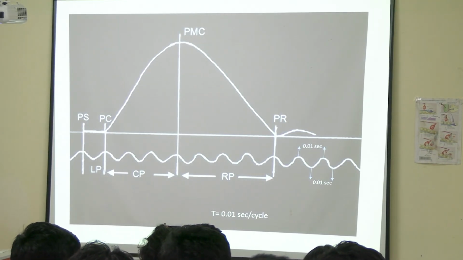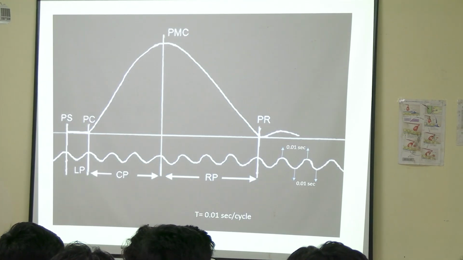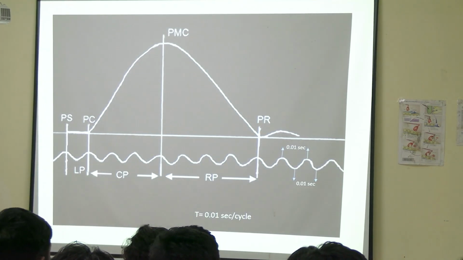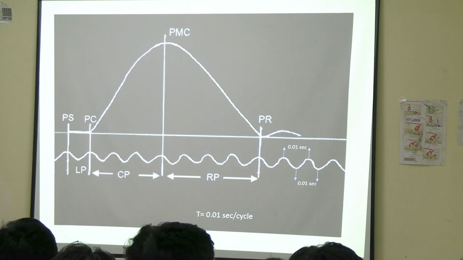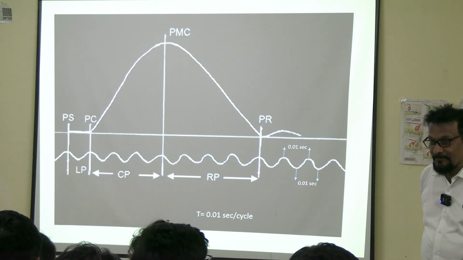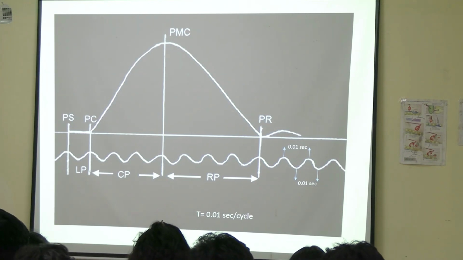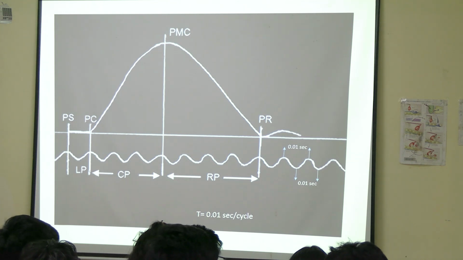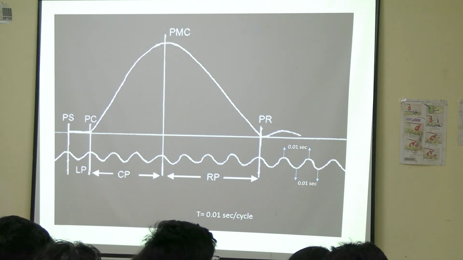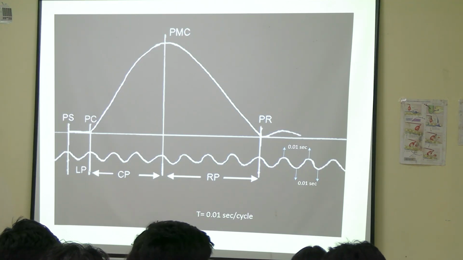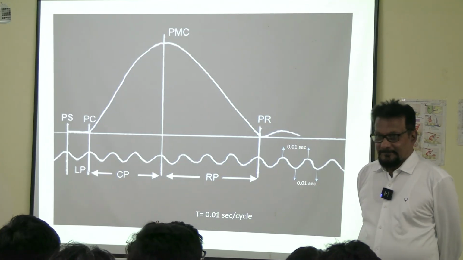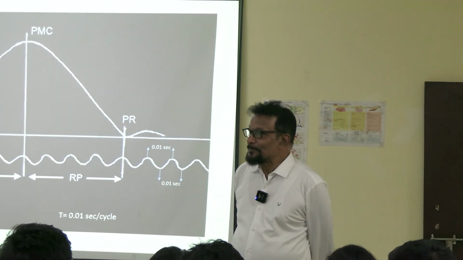How many cycles are there? 1, 2, 3 means how many seconds? 0.03. And what is the time taken for relaxation? 0.04 second is the relaxation. And what is the latent period? 0.01 second.